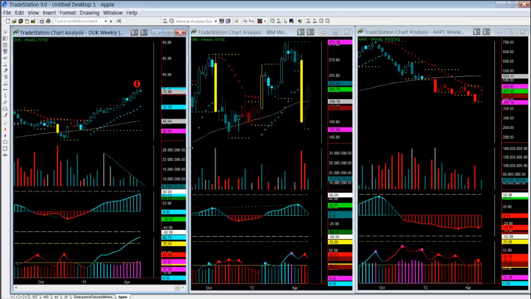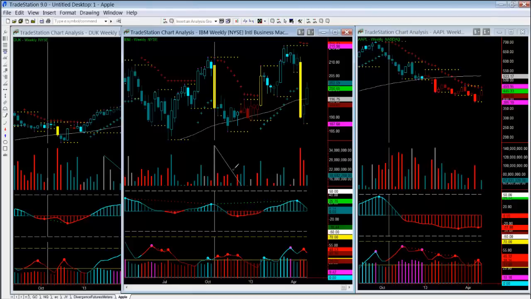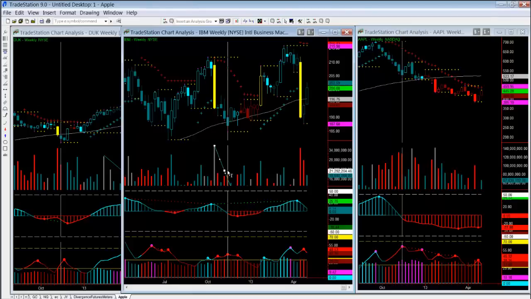All right, I guess most of you know about IBM. They had a huge gap down because of their earnings. And again, what are you seeing as price comes back and tests the slow moving average? Diverging volume.